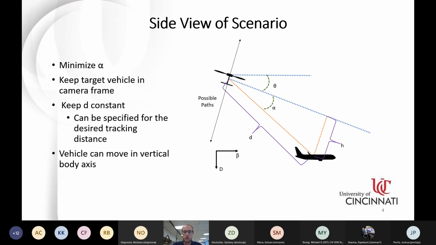If we know alpha and the distance between the two vehicles, d, we can calculate h, which is important for controlling the relative angle. So we'll use h to control alpha because they are very closely related, and it makes more sense to control h because we can control the thrust and the vertical axis of the body frame of the chase vehicle.